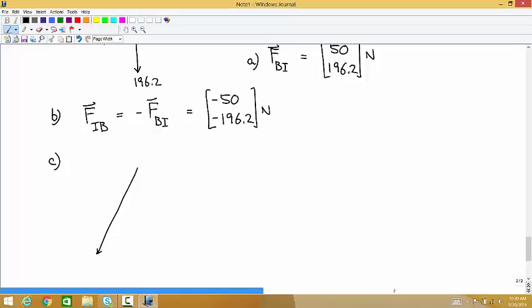And we want to break that up into a component that is perpendicular to the ramp, that's going to be the normal, and a component that's parallel to the ramp, that's going to be the friction, where these two are perpendicular.